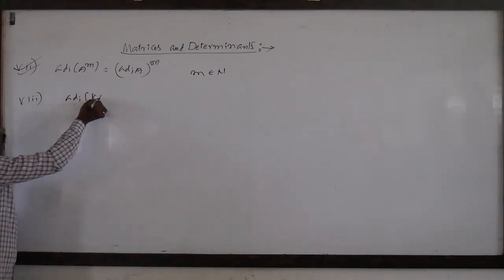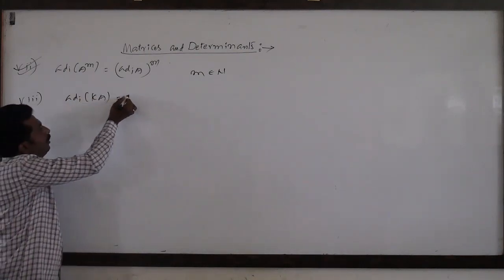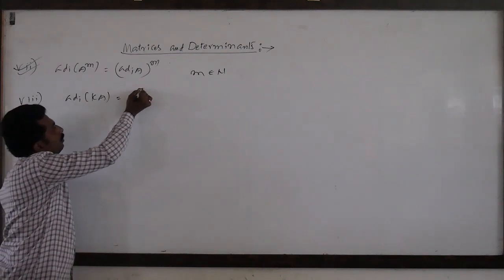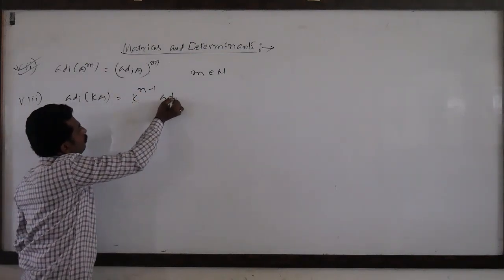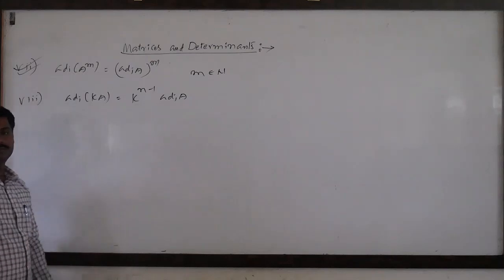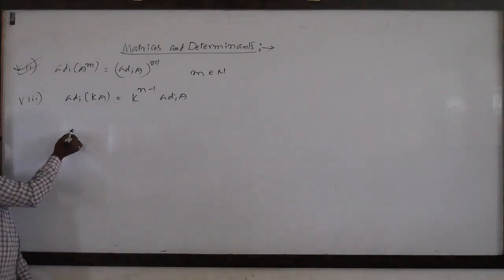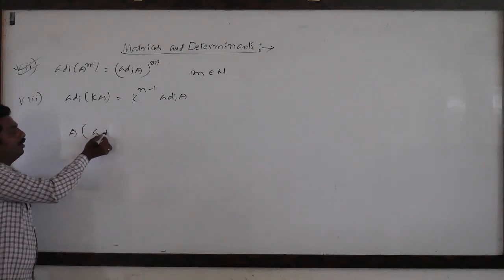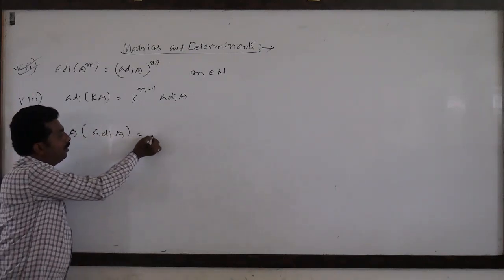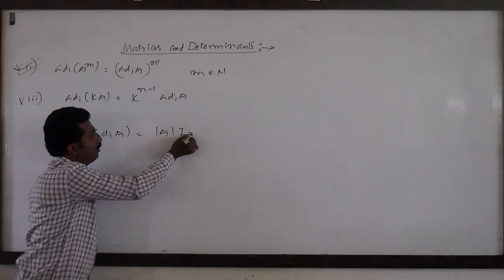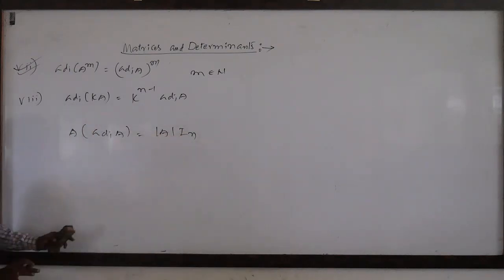So adjoint of Ka equals k to the power n minus 1 into adjoint of A. Again, using the previous property: A into adjoint of A equals determinant of A into identity matrix.